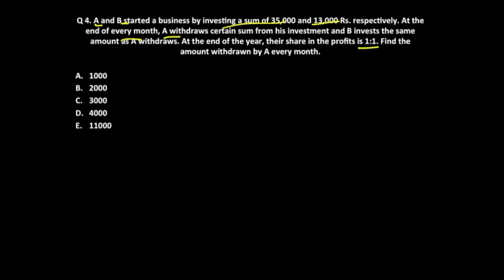All right. So A is investing 35, sorry, 35,000. And B is investing 13. So this is the situation on, let's say, 1st of January, right? The sum of these two values is 48,000.